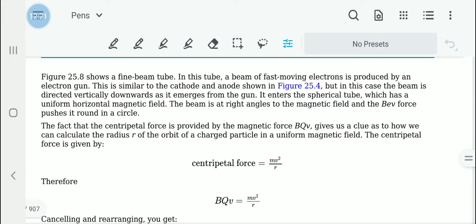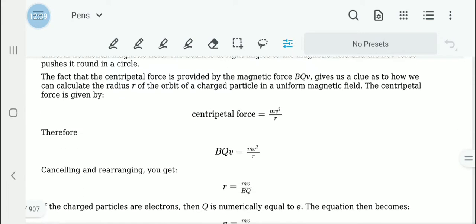Because now we know that the magnetic force that is required would be provided by the equation BQV. Using this BQV, we can figure out the radius r of the orbit of a charged particle in a uniform magnetic field. Centripetal force is mv squared upon r.